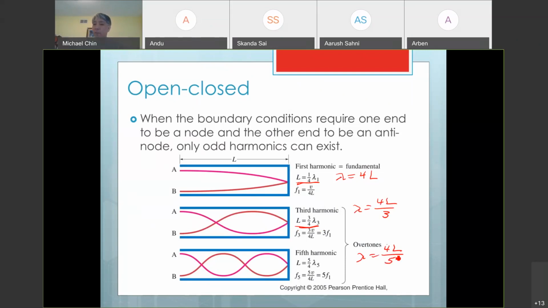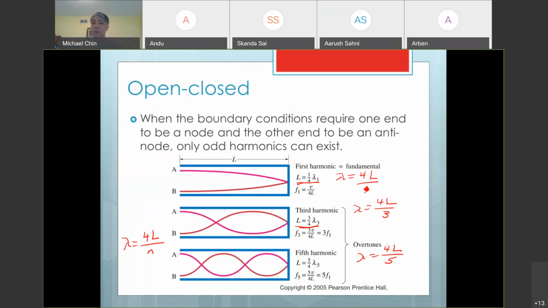In the general case, my wavelength is just going to be 4L divided by n, the harmonic number, because this is 4L divided by 1. You can derive these formulas that we gave you last year fairly easily if you know how to approach it.